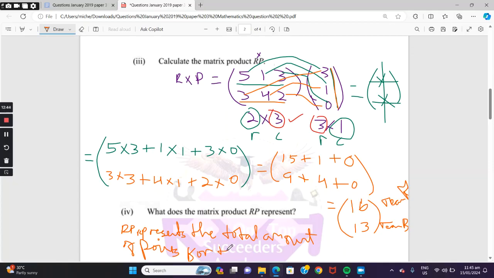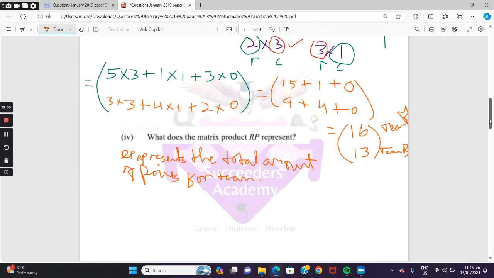Now this is a 1 mark question, so you don't have to give more, but if you're not sure and you want to make sure and over secure yourself, you can probably say that team alpha got 16 points, and you can also say that team beta got, how much was it?